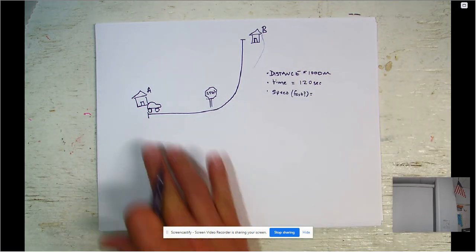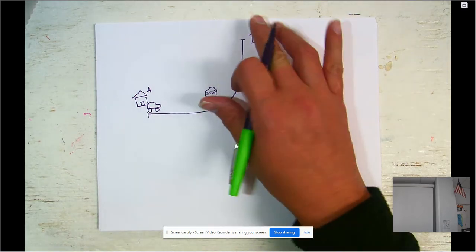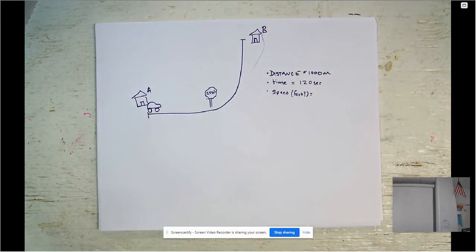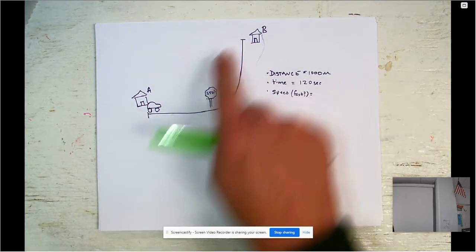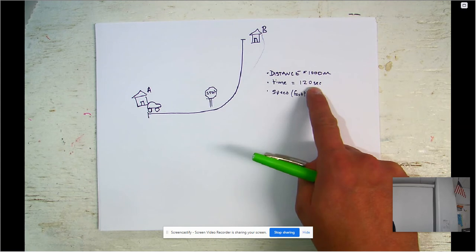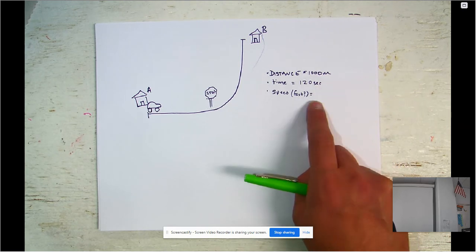Because time, we know the time. We could look at our watch and say, oh, the time is this. And we could say the distance from A to B is this. But the speed can change, because the distance is never going to change, but the time is going to change, right? If you go faster, that means it takes less seconds. If you go slower, it's going to be more seconds. So your time can change, which is going to change your speed.